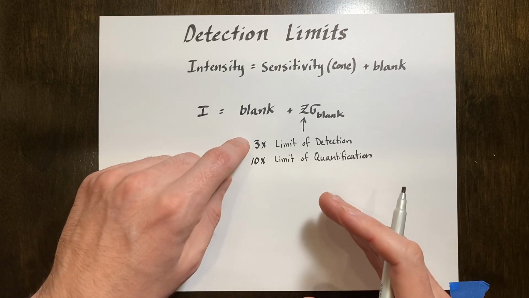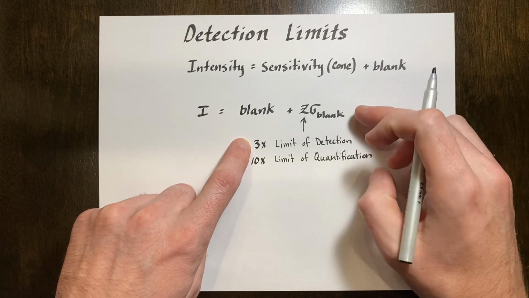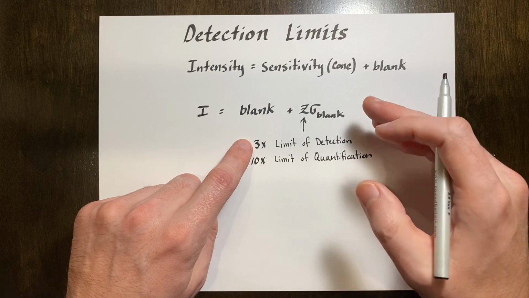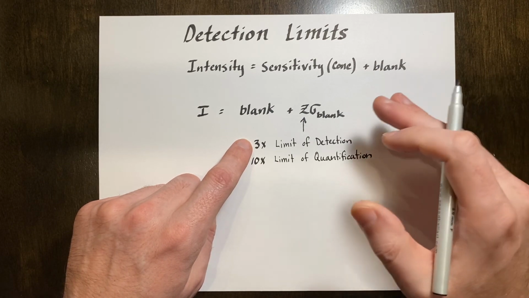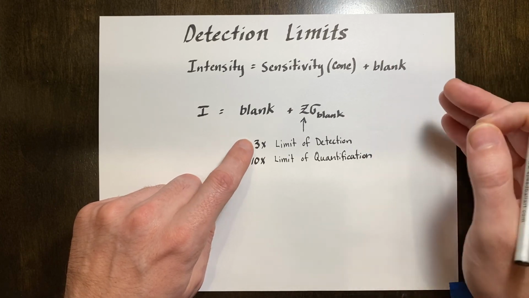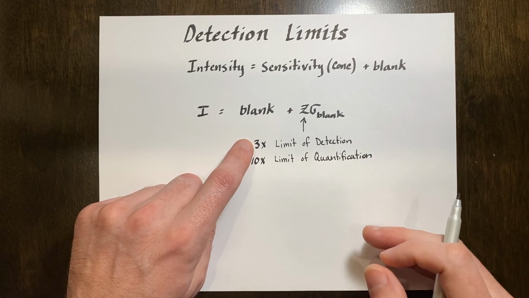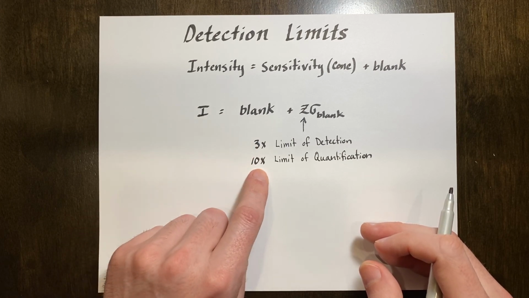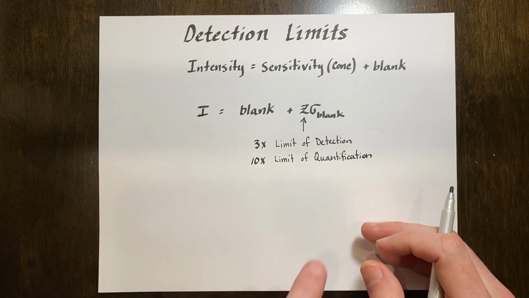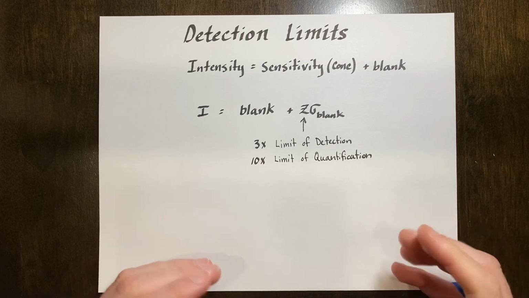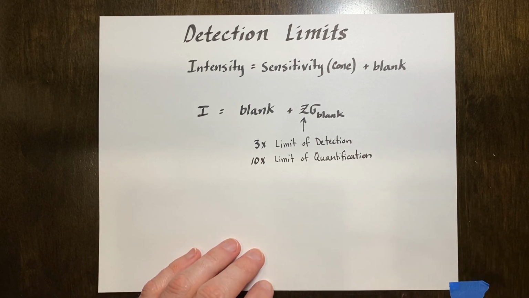Now, when we get up to 3 times the variability in the blank, or the standard deviation in the blank, we should be able to say there might be analyte here, there might not, but there's a better chance that we'll have some confidence in that. And then if we go up to 10 times that variability, we should be able to say this is the concentration of our analyte in there, and have reasonable confidence that we have a good number on that.